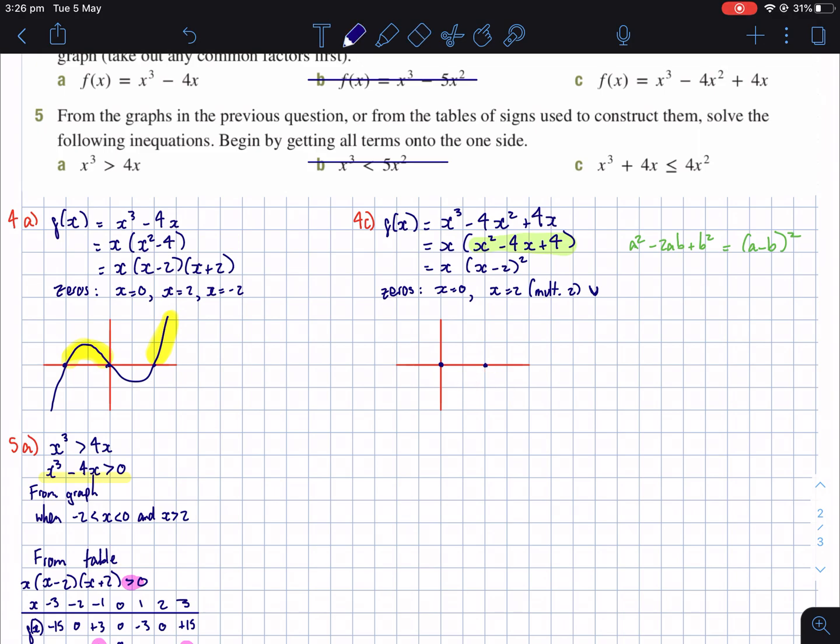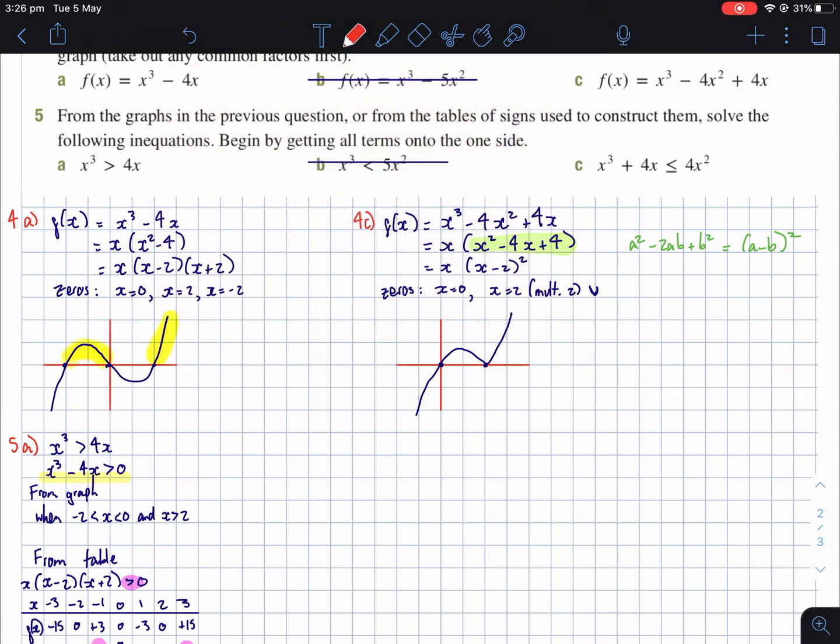So let's find out. We're going to do a mini table of one value. It's not really a table. I'm going to try negative 1. So if I've got negative 1 outside of negative 1 take 2 squared, gives me negative 9. So yeah, we're starting negative. Oh, whoops. So it's going to bounce like that.